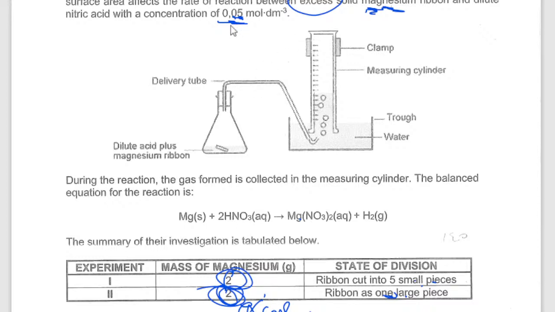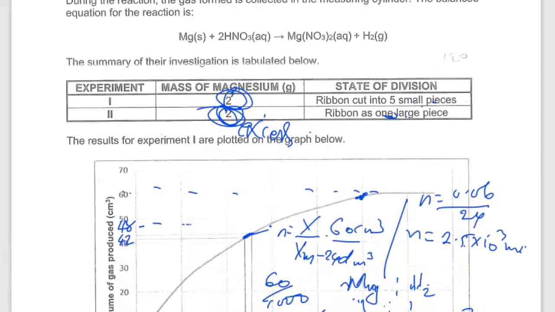I did not use this concentration. What I used, because here they say that this is a gas, and this graph is showing you gas. Don't forget that I said number of moles equals volume over molar volume. You understand? And when I was here, they said the volume of the gas produced, and the only gas here is the hydrogen.